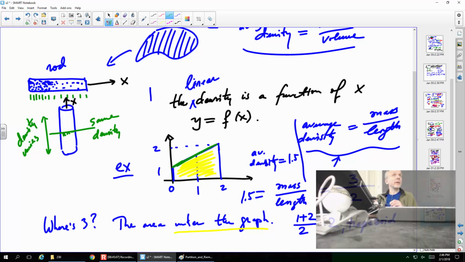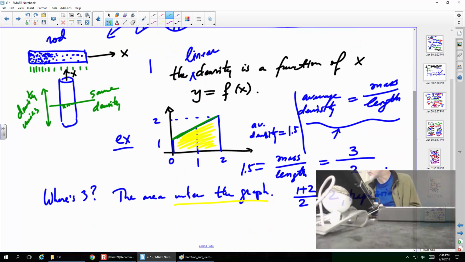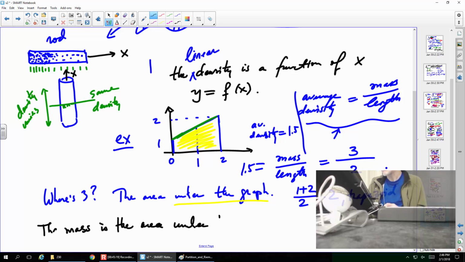Okay, so let me try to put it here in words. The mass is the area under the graph of the linear density. Okay?